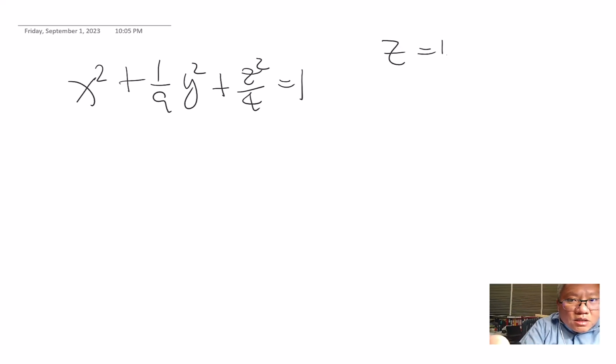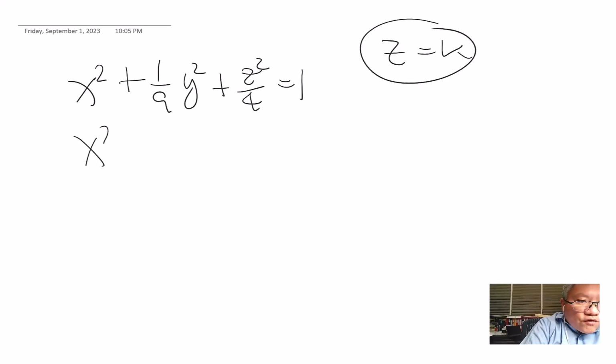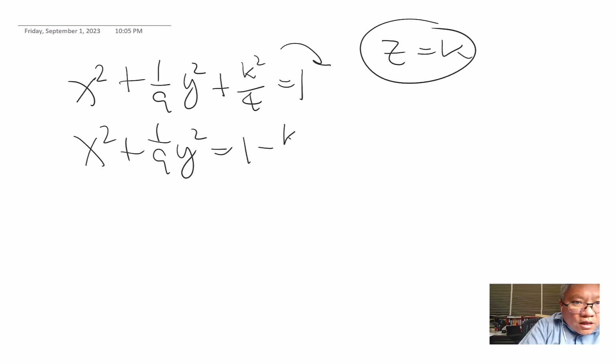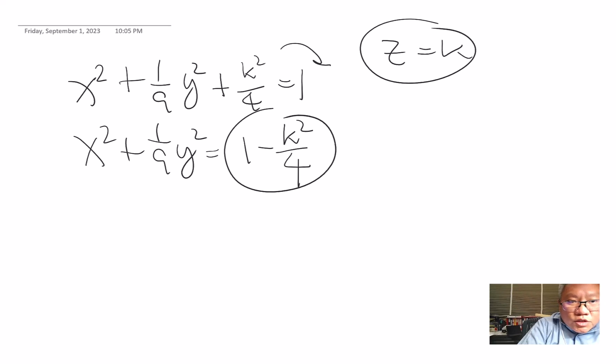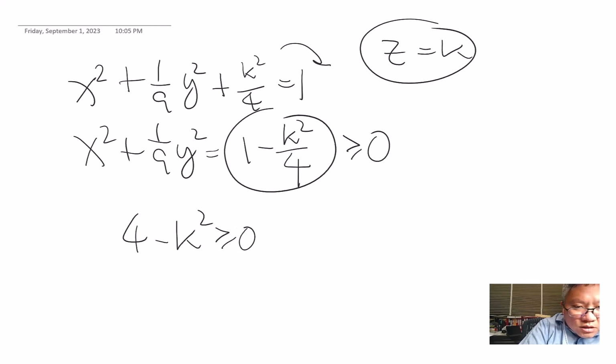I'm setting my z equal to k. K is a fixed number, unknown, but fixed, so that becomes k now. K squared, move to here, you have this. And immediately you will see that there's some restriction here. We need this to be non-negative, which means if you cross multiply by 4, that 4 minus k squared needs to be positive.